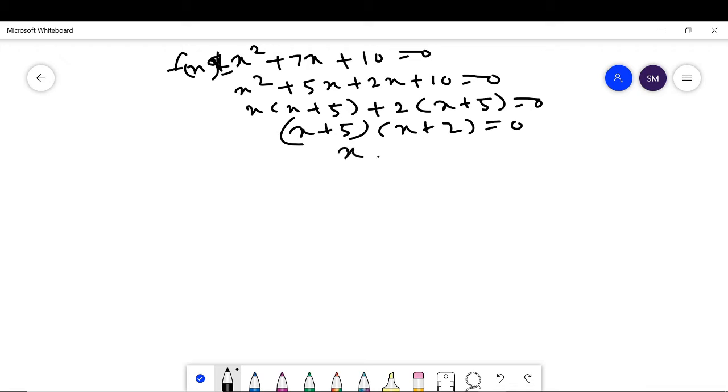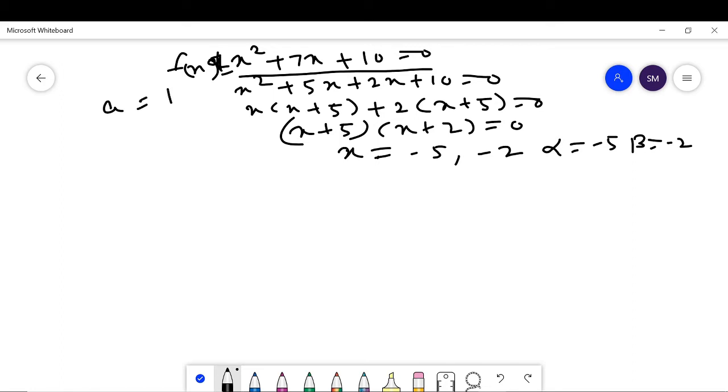Then the two zeros are x equal to minus 5 and minus 2. Here alpha is equal to minus 5, beta is equal to minus 2. Look at the polynomial: here a equals 1, b equals 7, c equals 10. Then to verify, alpha plus beta is equal to minus 5 minus 2.